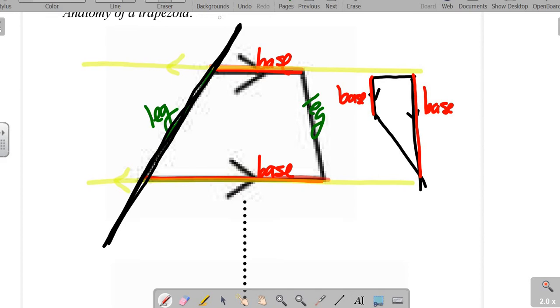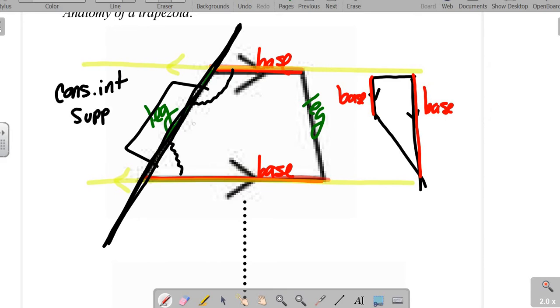Because of the parallel sides, the angles on either side of the legs are consecutive interior, therefore they are supplementary.